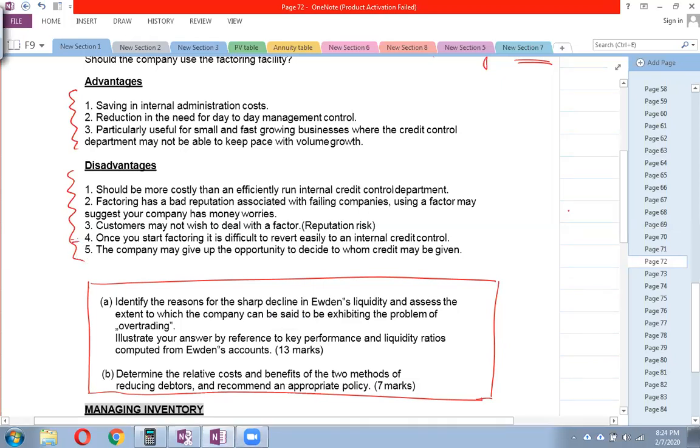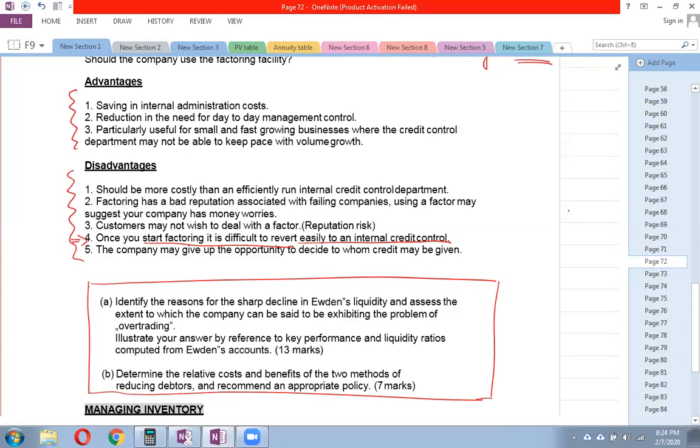Disadvantage number four says once you start factoring, it is difficult to revert easily to the internal control department. If you have taken the factoring facility, you will start depending on the factor to collect your debt for you. And then you will never be able to promote your own credit control department or train your people.